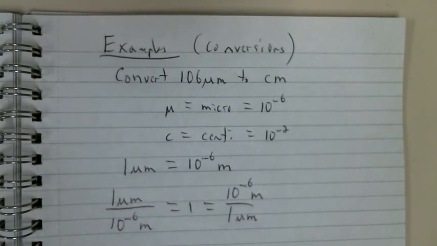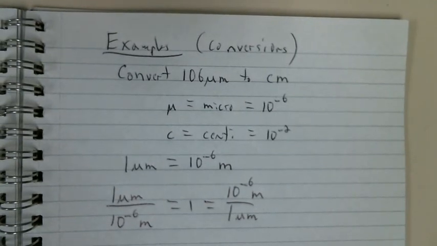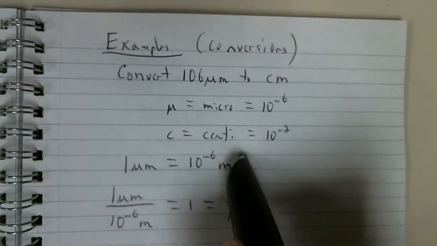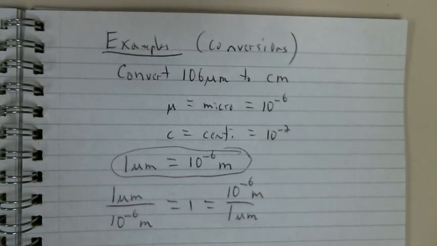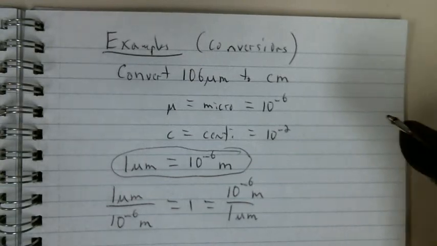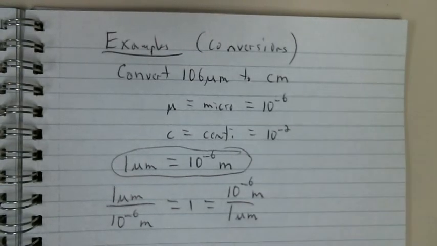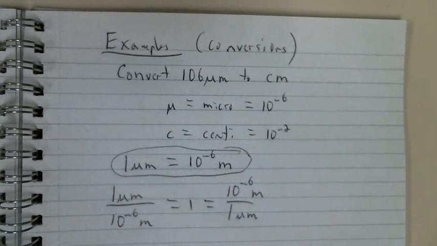If you're new to this, or you need to refresh your memory, go ahead and write down these conversion factors when you start. After you get the hang of this, you won't have to write it down. You'll know that however you need to use it will work. I can do meters over micrometers or micrometers over meters, and it'll work just fine.